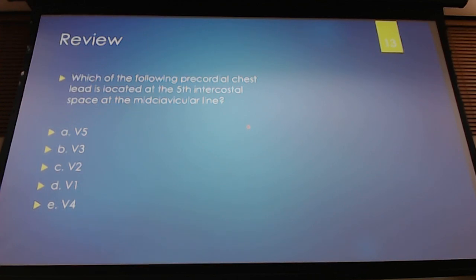Okay, sir. What's located in the 5th intercostal space, mid-clavicular? What'd you get?